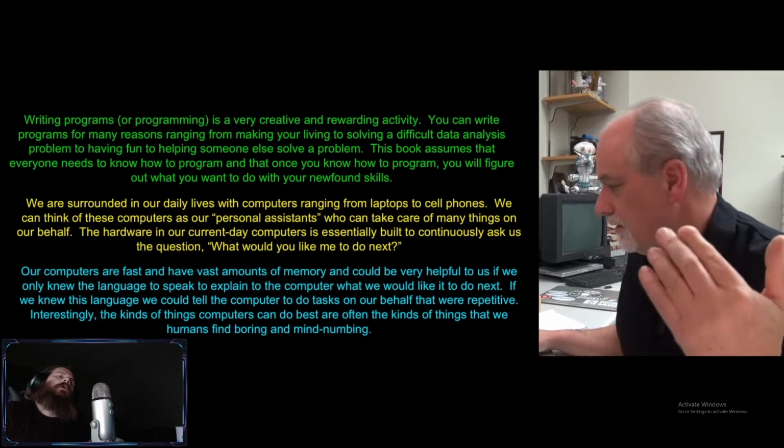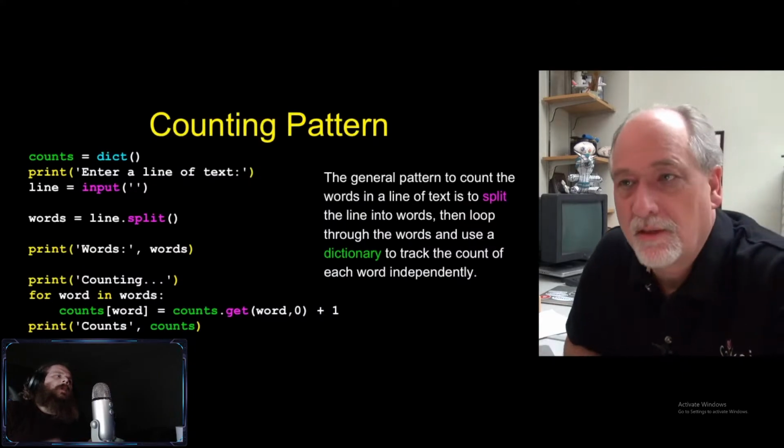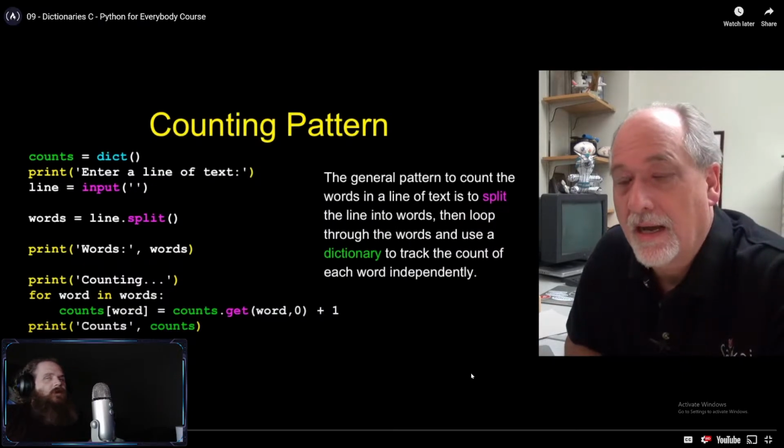It makes you concentrate. And so here I am just reading. Counts equals dictionary. Print, enter a line of text. Line equals input. Okay. Words equals line dot split. Okay, I get that. Print words.